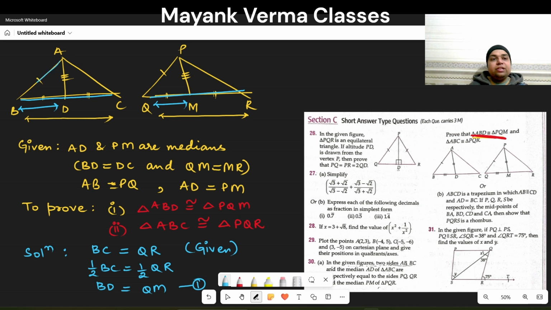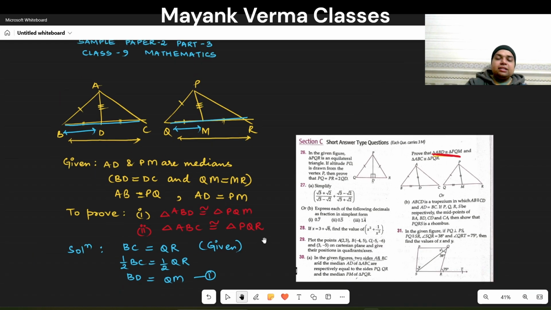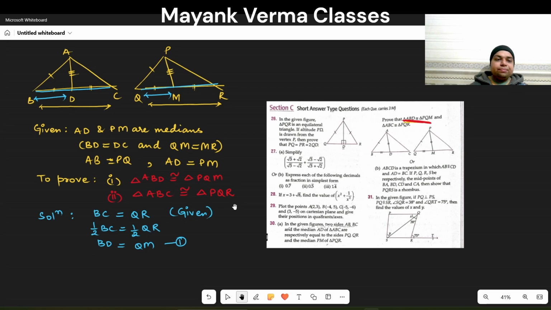Now in the first part, I need to prove that this triangle and this triangle are congruent. So in triangle ABD and triangle PQM, I know that AB is equals to PQ, BD is equals to QM. Also, third thing, that AD is equals to PM.